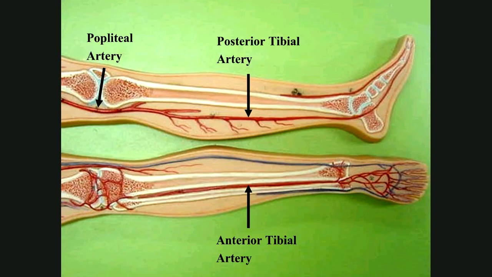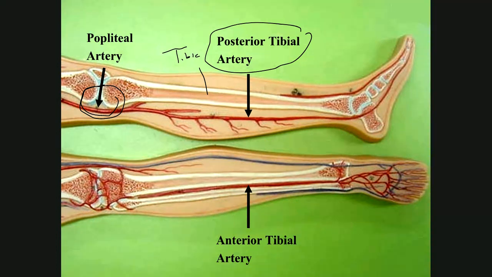So there's the popliteal right there. And here is not the femur, it's the tibia. And so we're going to have two arteries. Behind the tibia is going to be the posterior tibial. In front of the tibia is going to be the anterior tibial, all the way down to the foot.